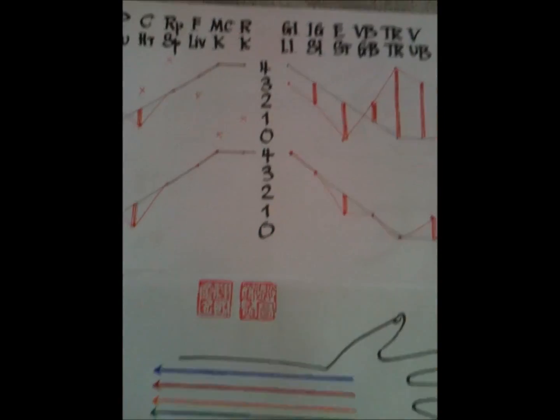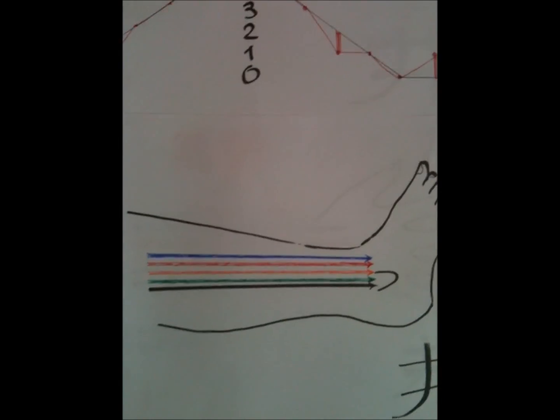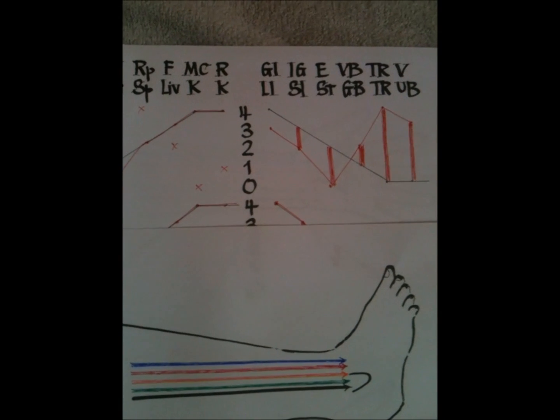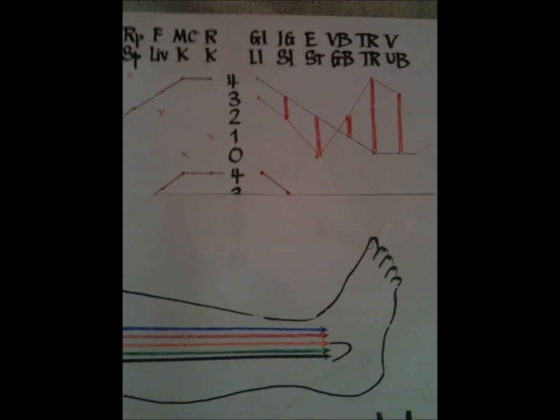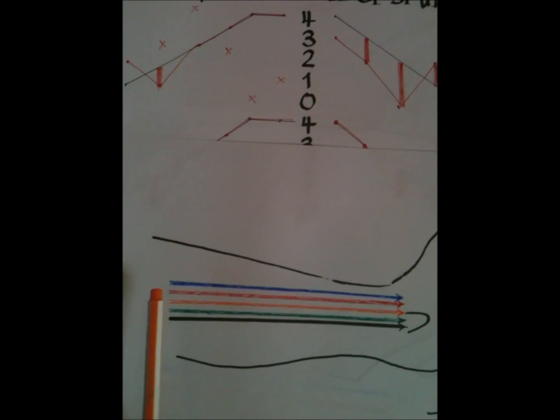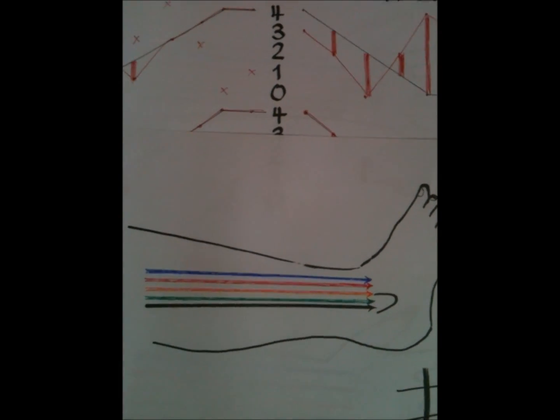So for example, if it were the meridians on the leg, we see here the gallbladder meridian, and the direction of the Fu meridians goes this way.